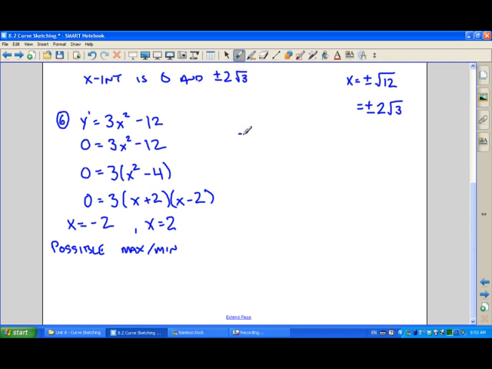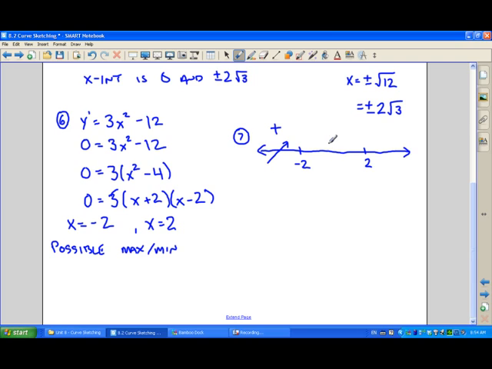So next I identify the intervals of increase or decrease. So on a number line, and you have to do this, plot your two possible max-min values, 2 and negative 2. And then we'll just pick some values. So I'll pick a value less than negative 2. So I'll pick negative 3, and if I sub negative 3 into my factors, I get a positive times a negative, which is positive overall, which means my function is increasing.